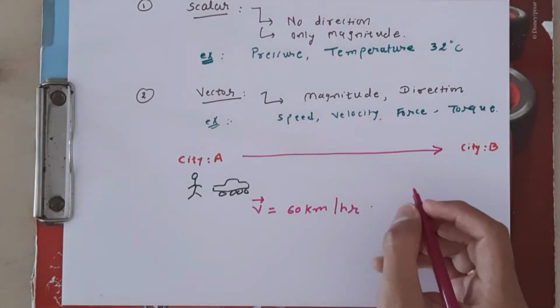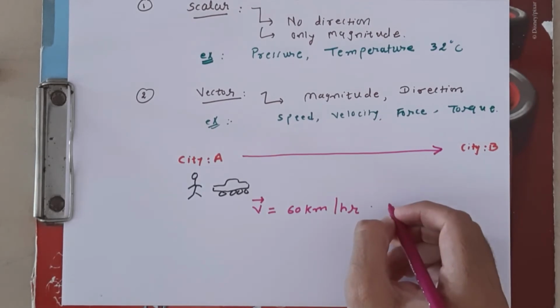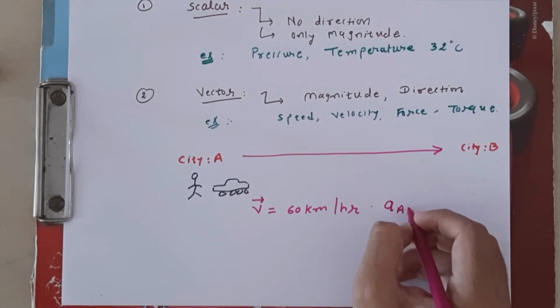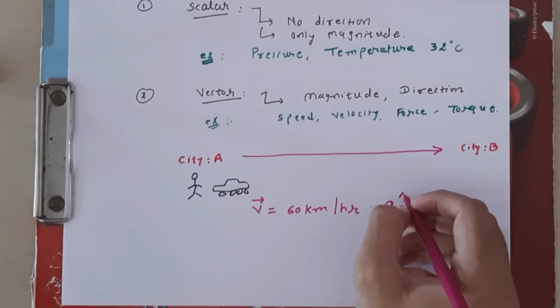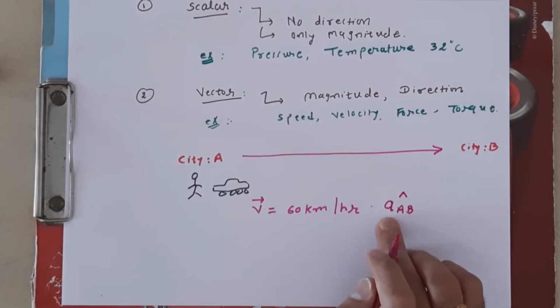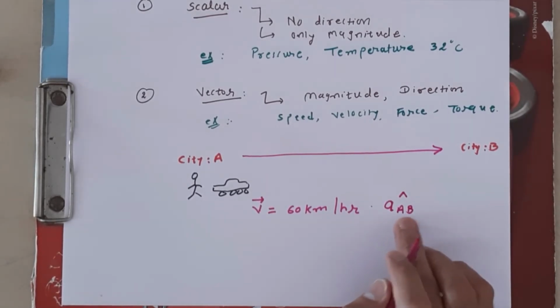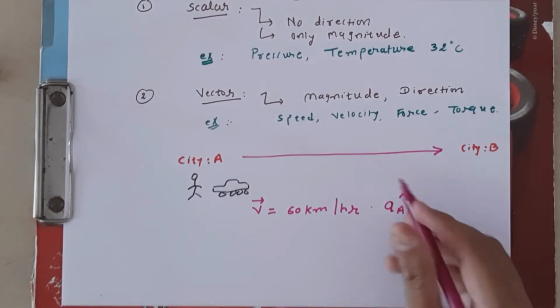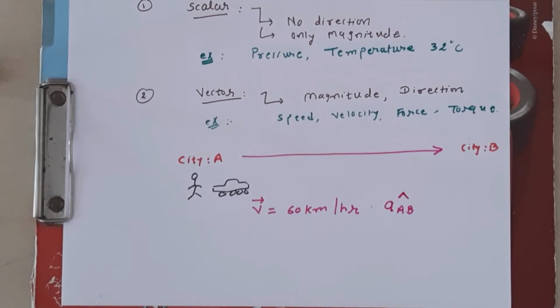For the direction I always use a small letter, from city A to city B. It is known as a unit vector. We will discuss it later. What is a unit vector? This small a with subscript AB means from city A to city B, and this one is known as cap. So this is a unit vector. Which information is present here? There are two pieces of information.